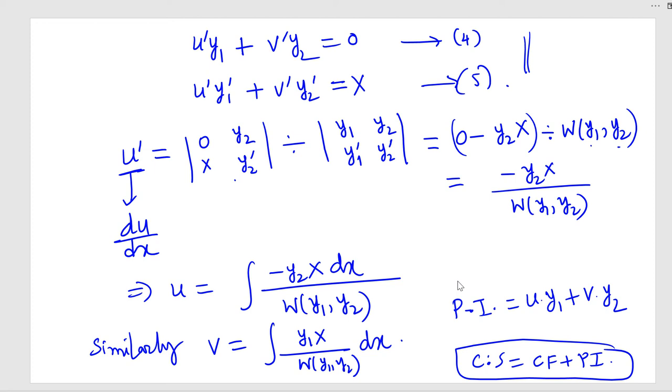a division of two determinants. It is like Cramer's rule. If you use Cramer's rule, then you get this value, and if you integrate it, then you will get u.